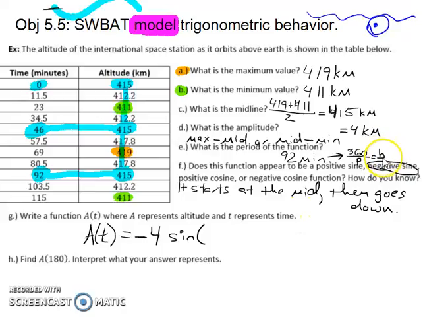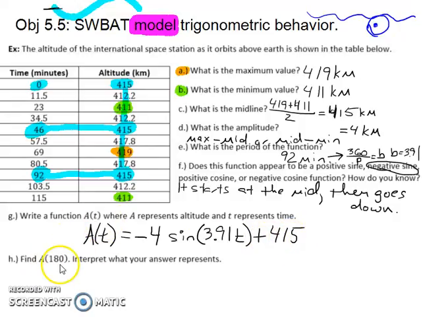Or maybe I'll just say 3.91. So that tells me that b equals 3.91, and that's what I'll put right here. So 3.91 and then t instead of x because they told me that. And then plus k, and k is always the midline, which we calculated was 450. So that's my formula. I've got my a, my b, and my k in there.